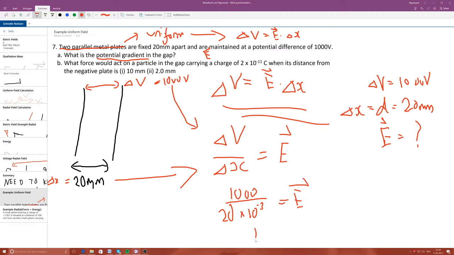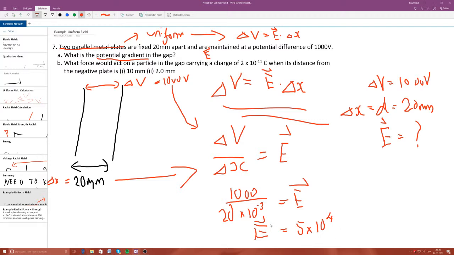And then with a calculator, or I'll give it a shot just like this, 1000 divided by 20 is 50, and then flip the 10 to the minus 3, so it's 5 times 10 to the 4.